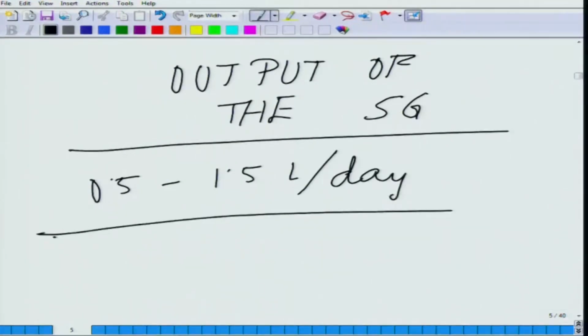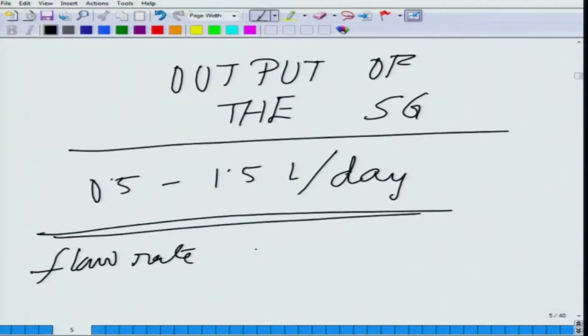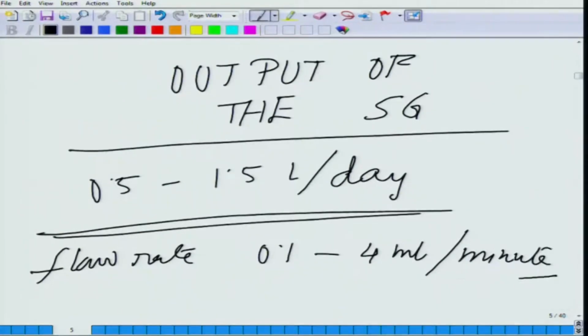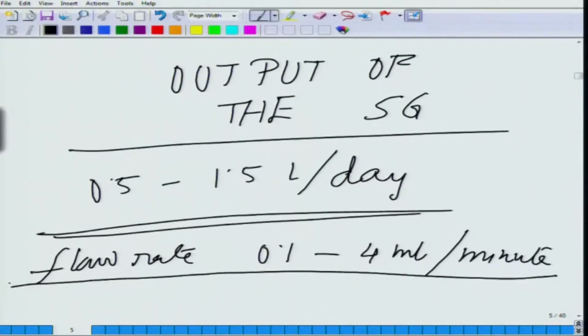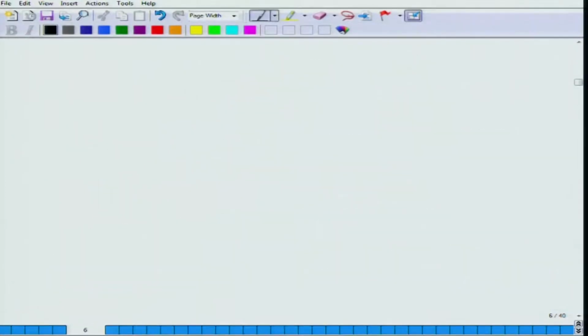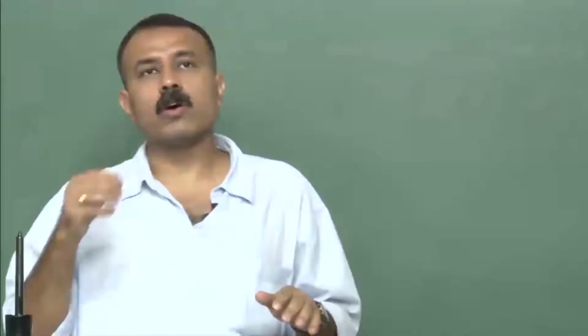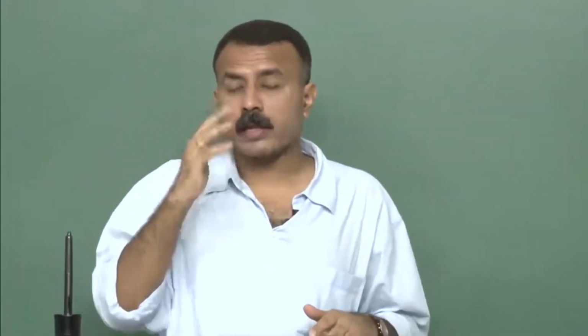The saliva flow rate varies from 0.1 to 4 ml per minute. This is how saliva is regulated, the amount of saliva which is produced by the mouth at any point of time.